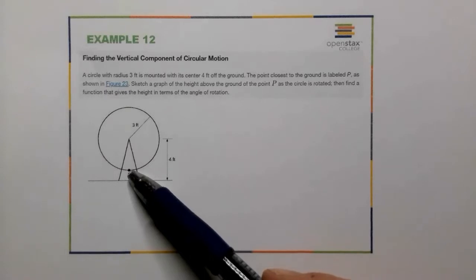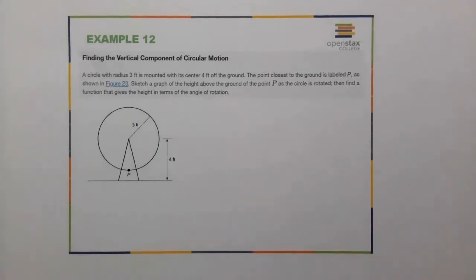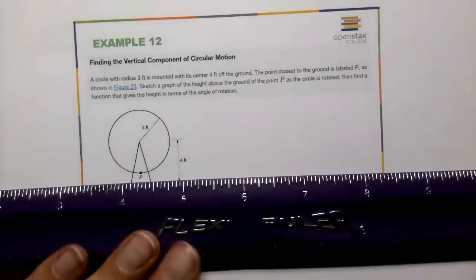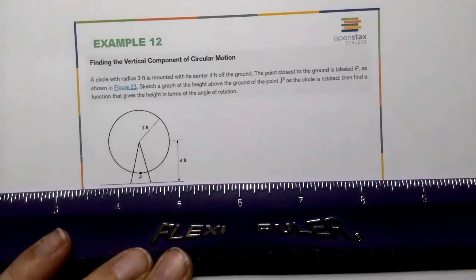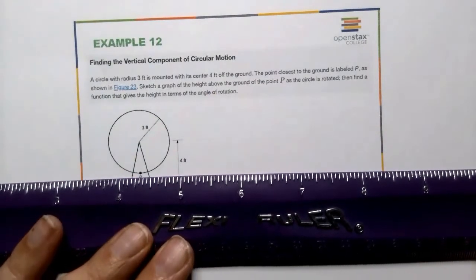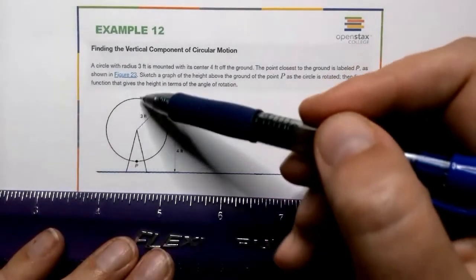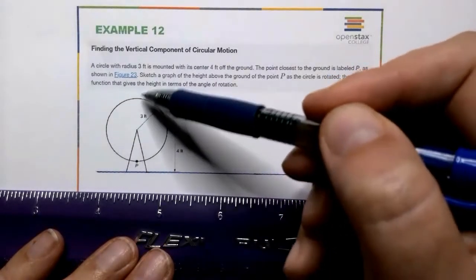Sketch a graph of the height above the ground of the point P as the circle is rotated, then find a function that gives the height in terms of the angle of rotation. So here our ground is our horizontal axis, and the point will always be above the ground, going around the center point, up and down.